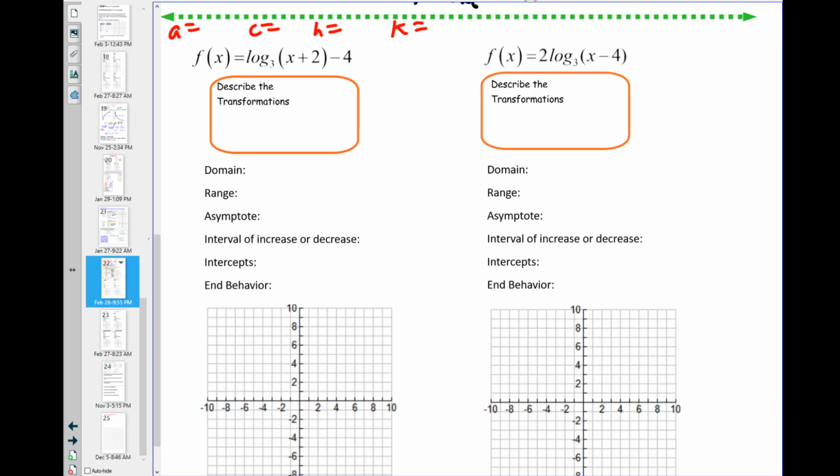It is 1. What is C? What's H? And what's K? Did Mohammed give you that answer? Mohammed, stop giving Haven the answer. So, Caitlin, describe the transformations.